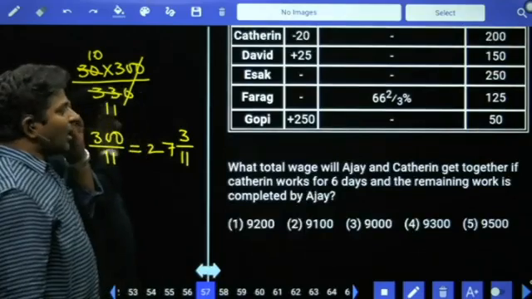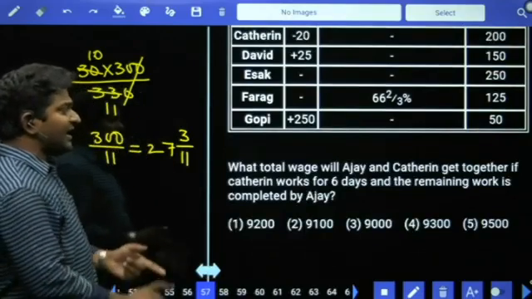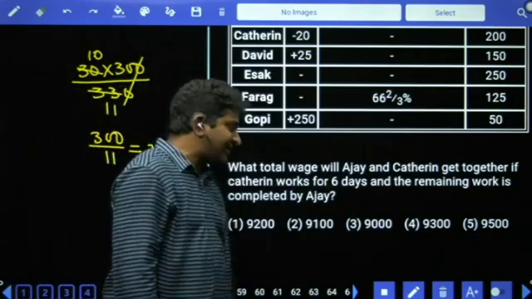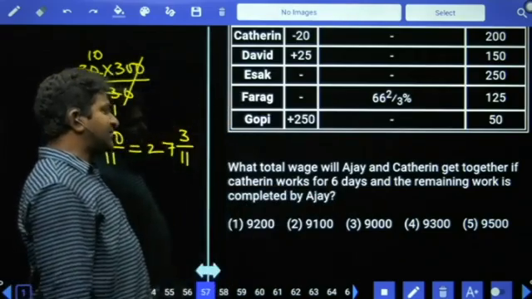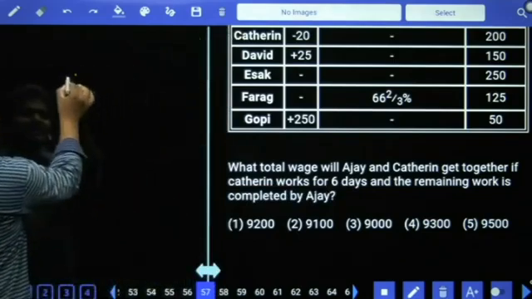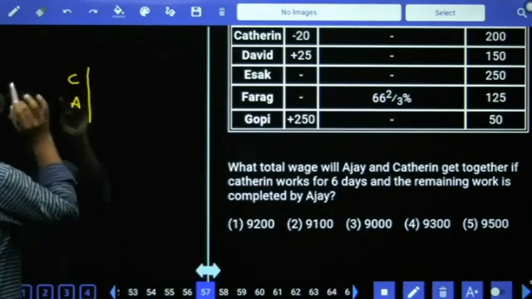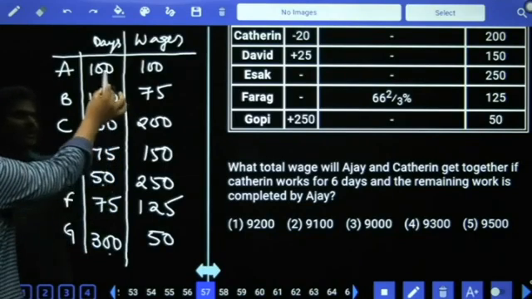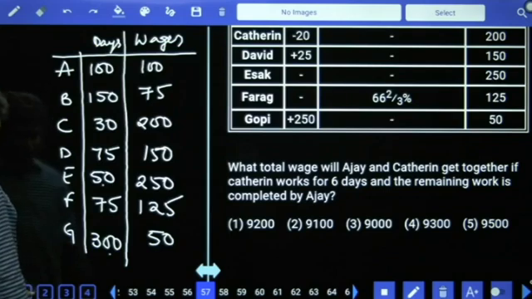Next, what total wage will Ajay and Catherine get together if Catherine works for 6 days and the remaining work is completed by Ajay? Now, this question is about Catherine and Ajay. Look at this. Catherine can complete the work in 30 days. Ajay can do it in 100 days.